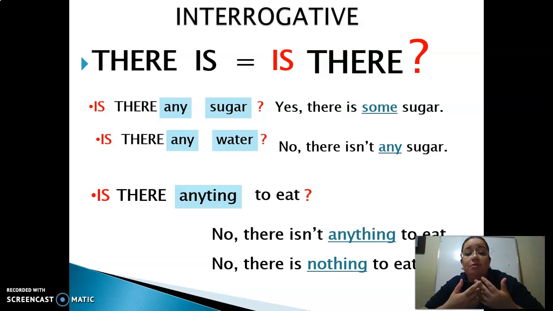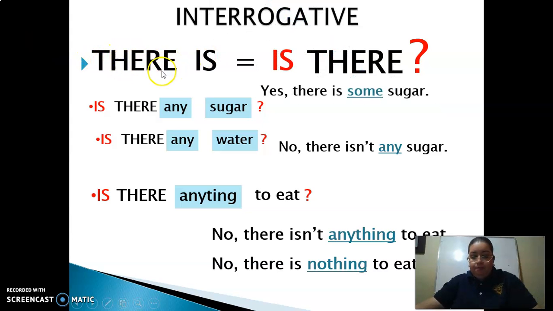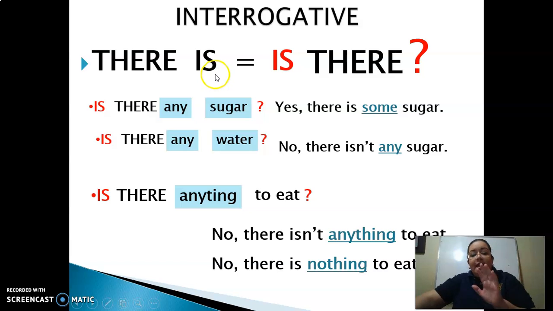So I'm going to use the question. The interrogative form is very simple. There is, okay? Like I have there is, I am going to start with the verb be. Is there? Okay, so is there any sugar? Yes, there is some sugar.